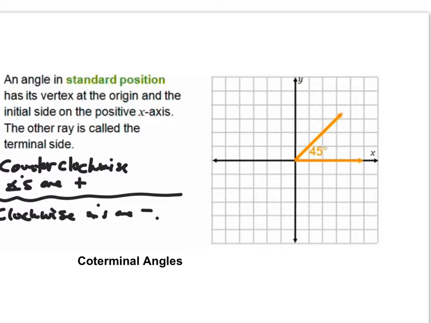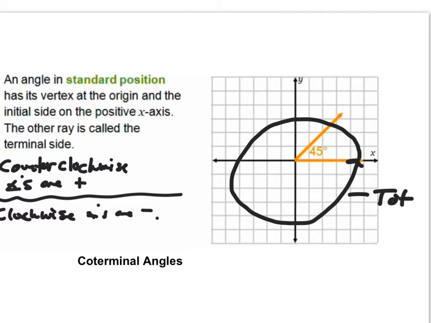Now, what I want to talk about is something a little bit brand new. Maybe you've seen it before, maybe you haven't. If I take this angle here and make a full revolution around this circle, my total angle measure is 360 degrees, a full revolution.